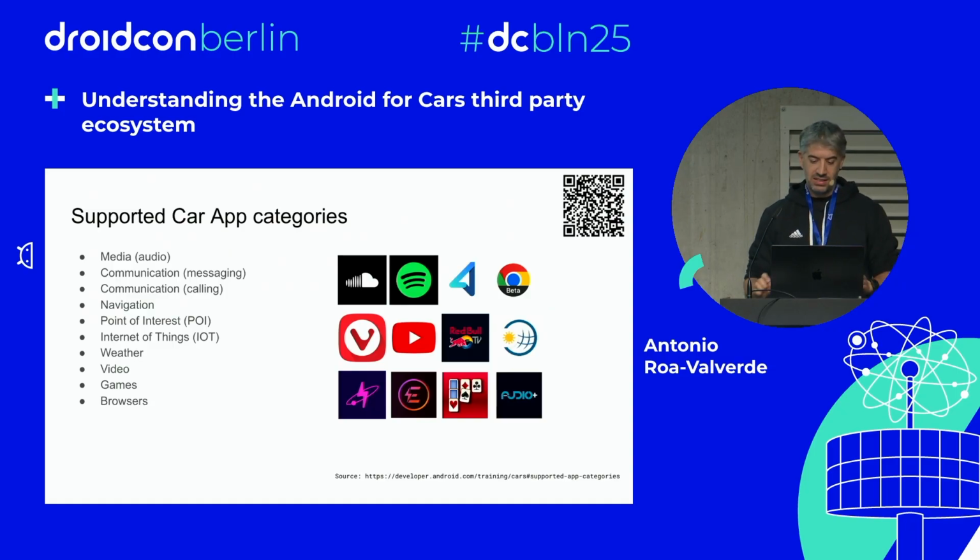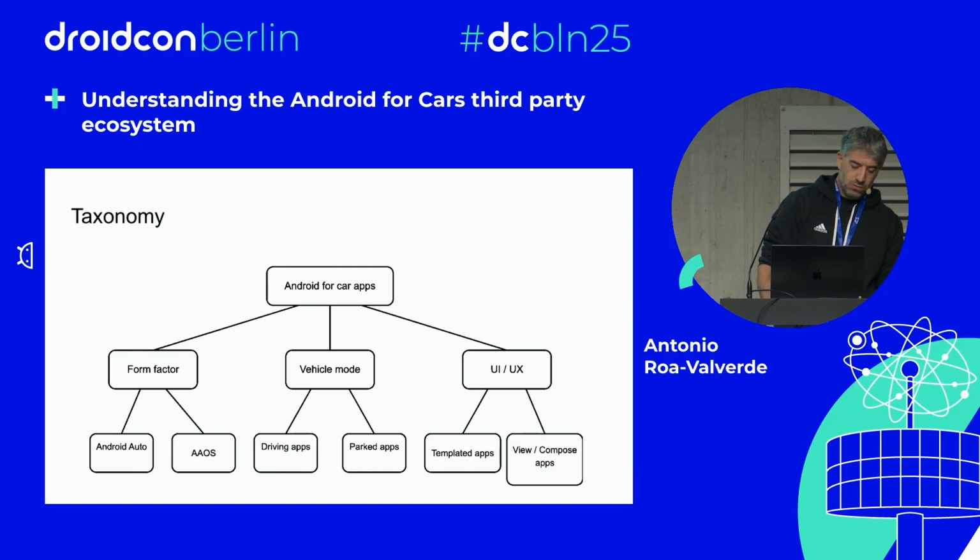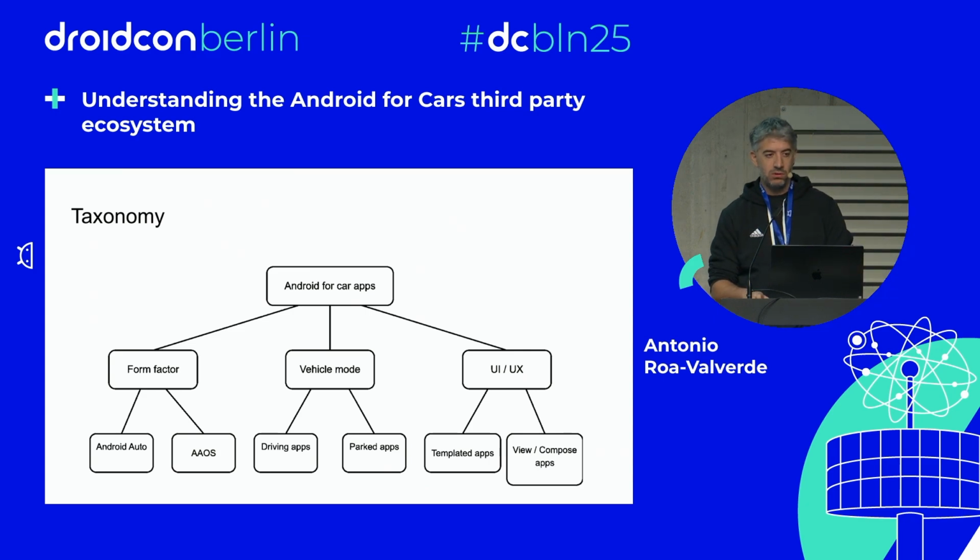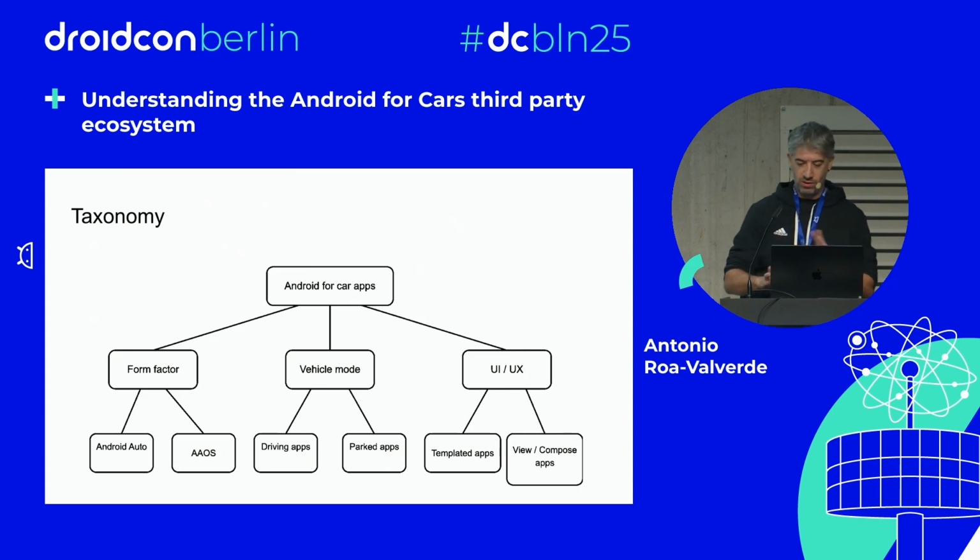This list keeps evolving as Google introduces new features and use cases. Not all categories are available for all use cases, and I've tried to classify the different categories using three main groups. As you will see through the next slides, some categories are available for Android Auto, others for Android Automotive, others for both.